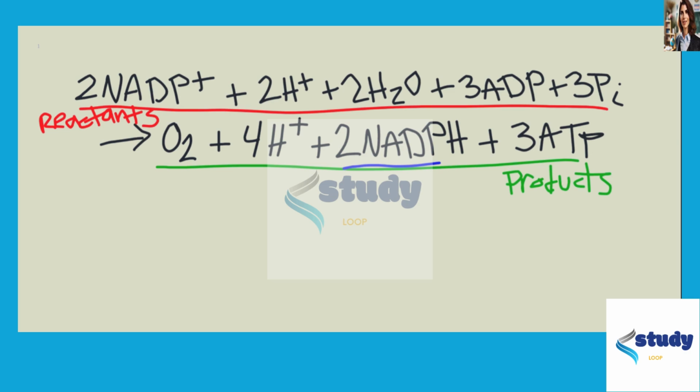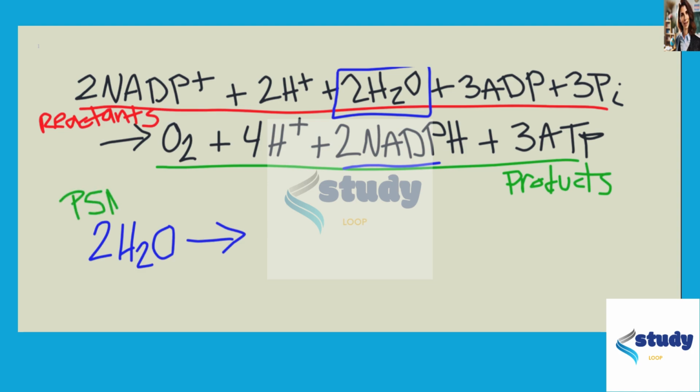So you'll see that we're starting with water here. If we look at what's happening in photosystem 2, the water split is going to result in the oxygen and the 4 hydrogen ions, right? And so we started with something that was neutrally charged, and now we end up with something that is positively charged with these ions here, right?